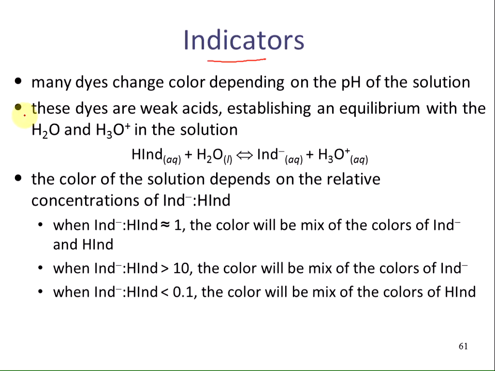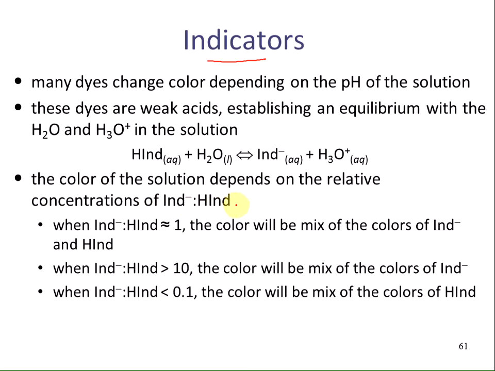So here we're representing the indicator as a weak acid, and the weak acid, when dissolved in water, will deprotonate to form the conjugate base. So this is what I'm representing with the IND minus plus the hydronium ion. And the color of the solution depends on the relative concentration of the deprotonated and protonated form of the indicator.